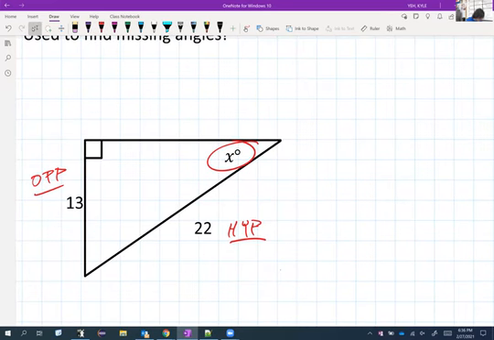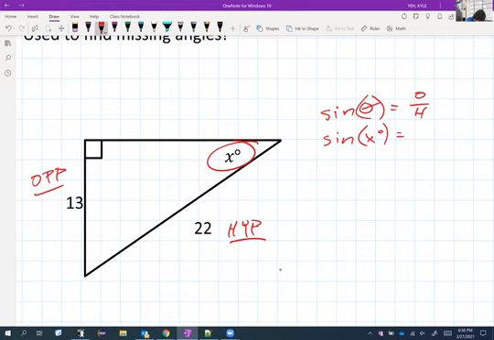So SOHCAHTOA, I'm going to use sine. Sine of theta equals opposite over hypotenuse. So sine of x degrees equals 13 over 22. Let me tell you what we don't do. We do not divide by sine.